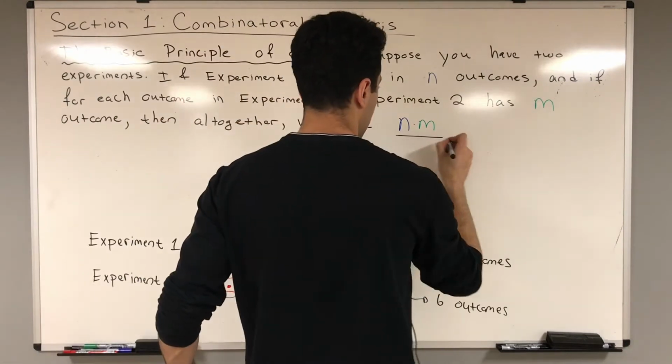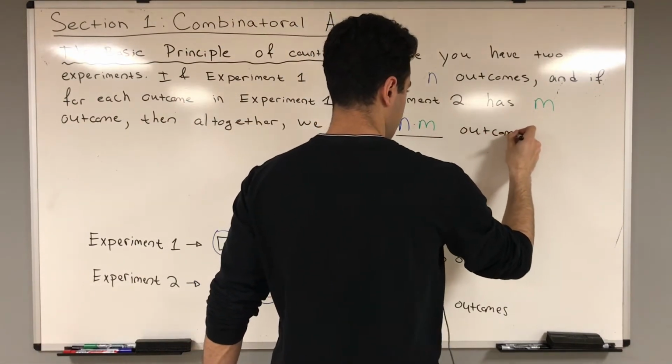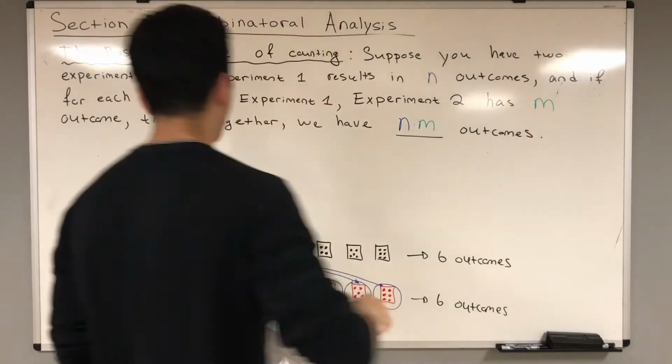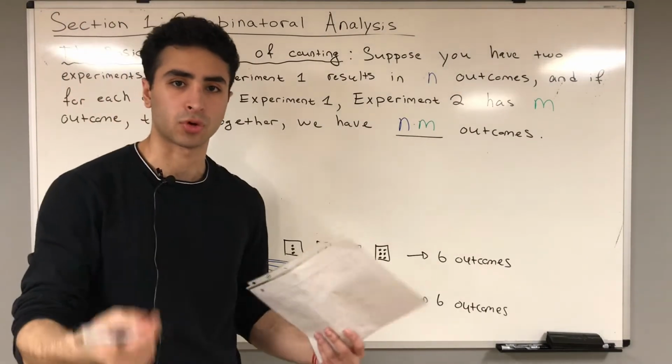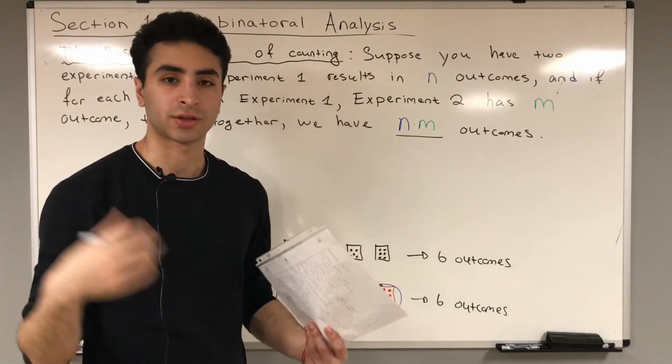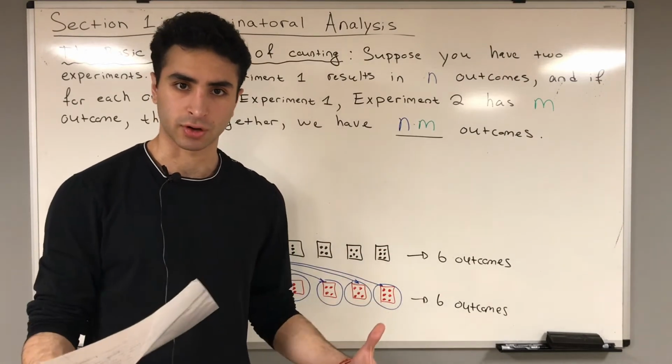So this is how many outcomes we should have. N times m outcomes. And this is a very important definition, and it'll be generalized later for more experiments, but for now, let's think of just 2 experiments, okay?